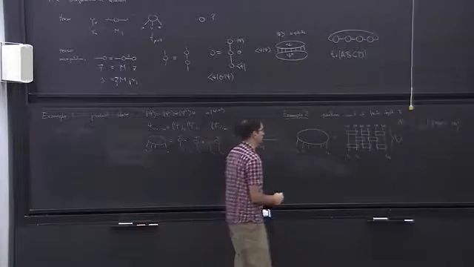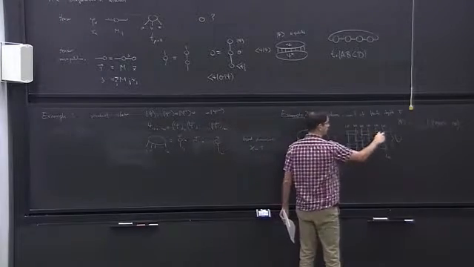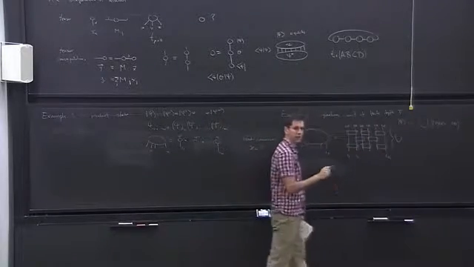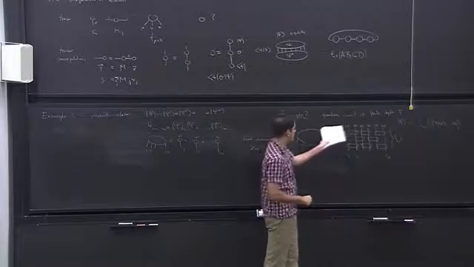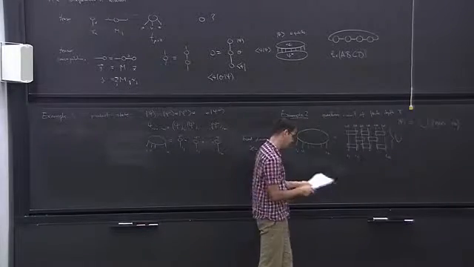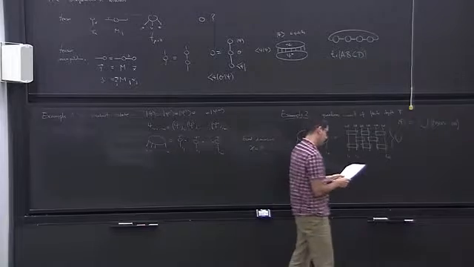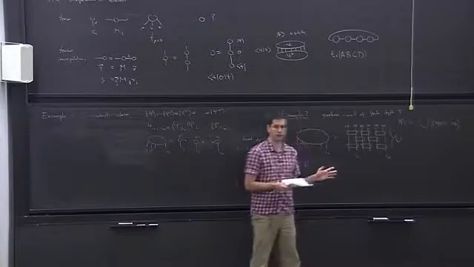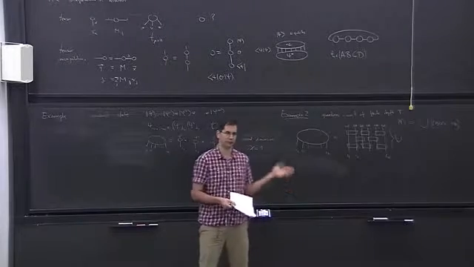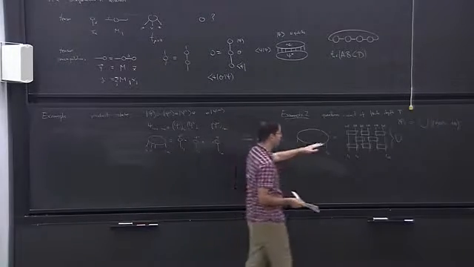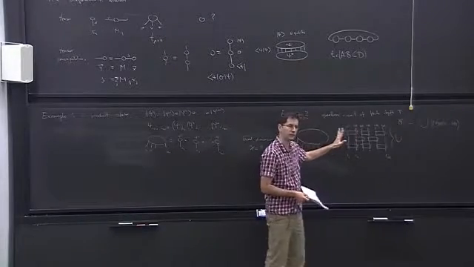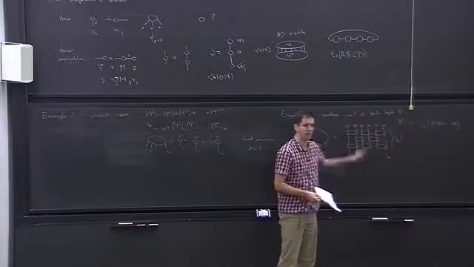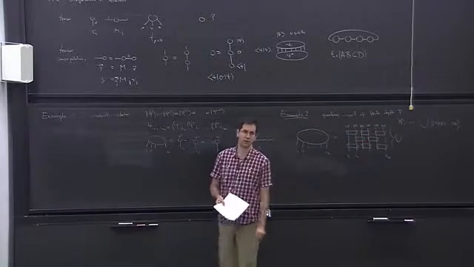It's the result of applying sequentially all these two-site gates to initially a product state. I'm not proposing that we go to a lab and prepare this state by applying a quantum circuit to it. I'm proposing that we think of this as our variational state, as our tensor network.